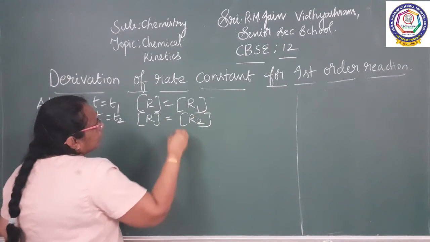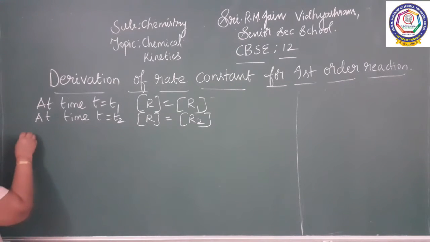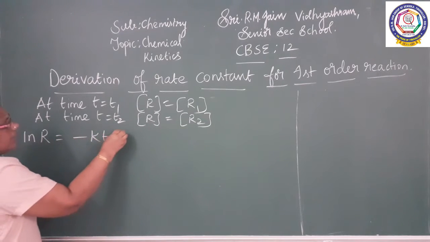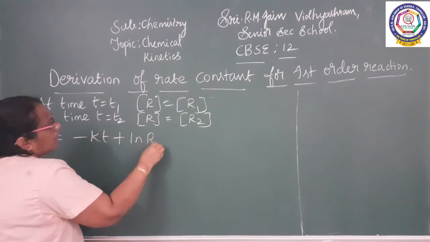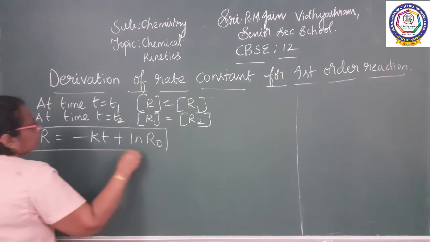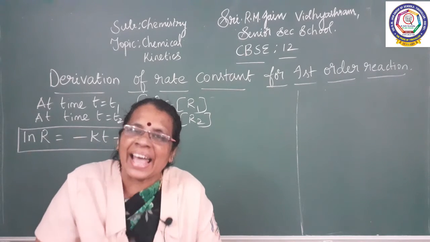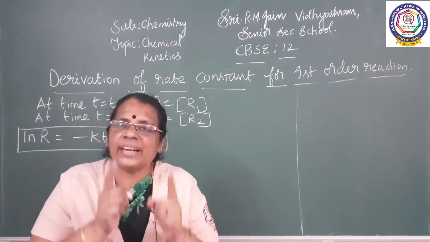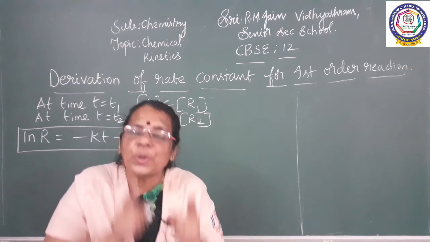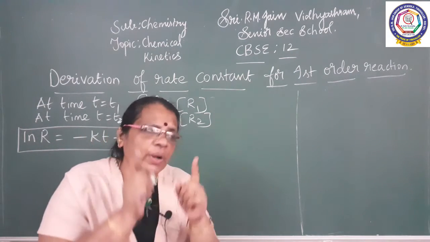So, substitute T1 and T2 and R1 and R2 in the equation ln R is equal to minus Kt plus ln R naught. So, what we are going to do? We are going to substitute R and T as R1 and R2 and T as T1 and T2. The concentration of R is changed into R1 and R2. The time is changed into T1 and T2.